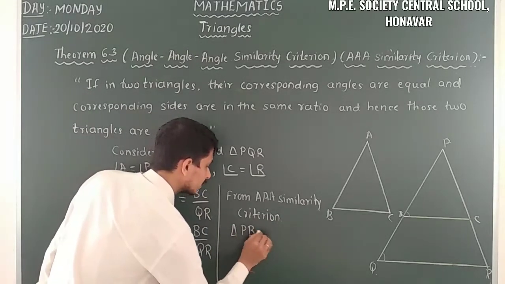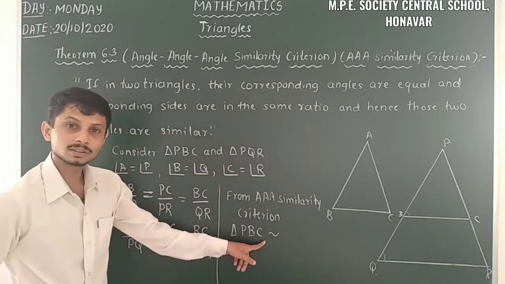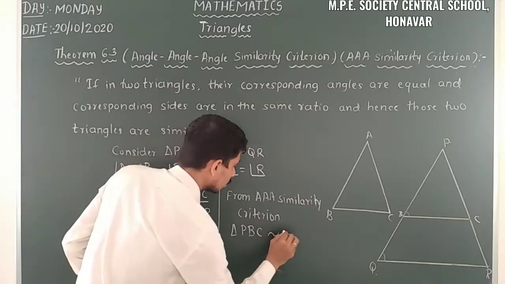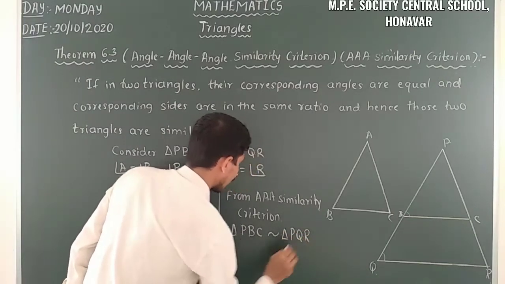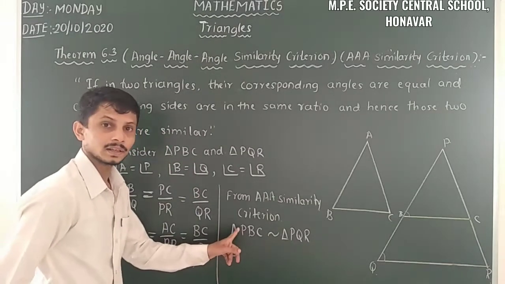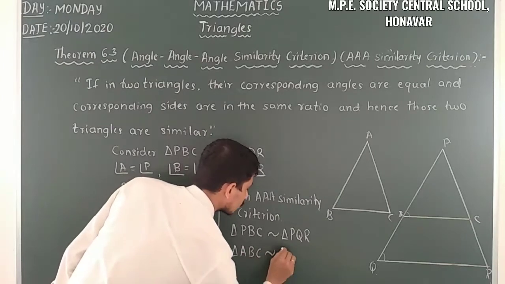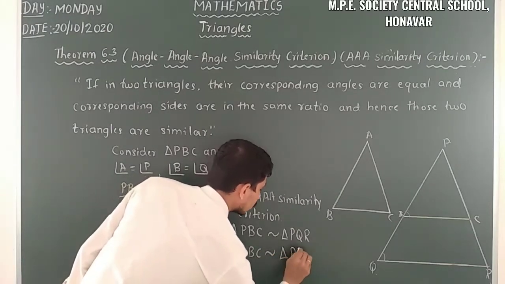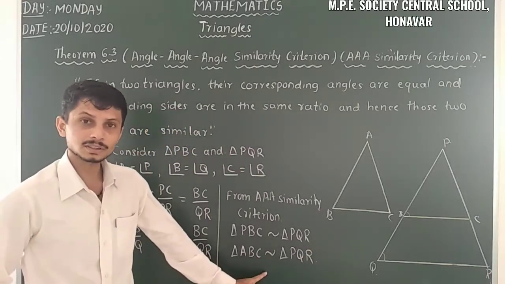Firstly I will write PBC is similar to, here is the symbol for similarity, similar to triangle PQR, and here I will replace P with A, that is ABC is similar to triangle PQR. So this is the symbol for similarity.